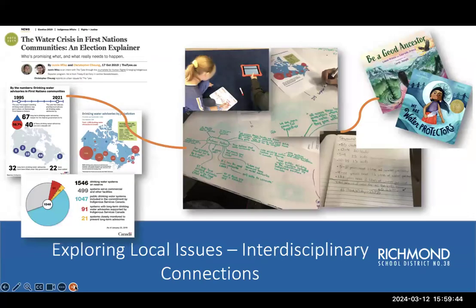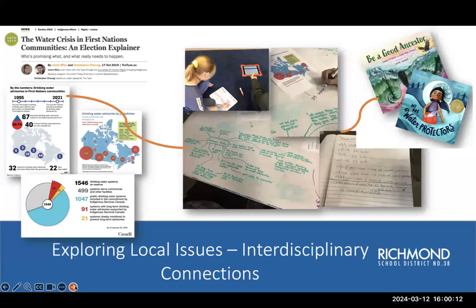And then this is a project that happened a couple of years ago at an elementary school, where we're looking at doing some interdisciplinary work. Math can be used to help us deepen our understanding of key ideas that we are exploring in different areas.